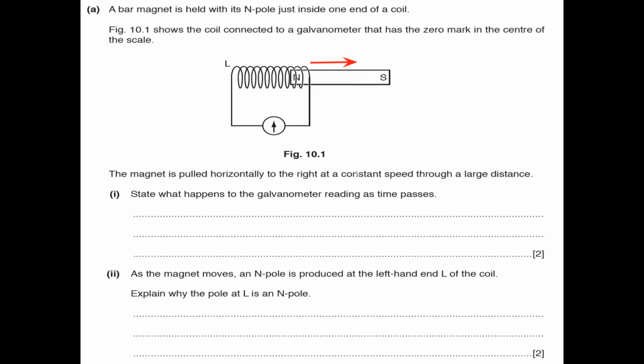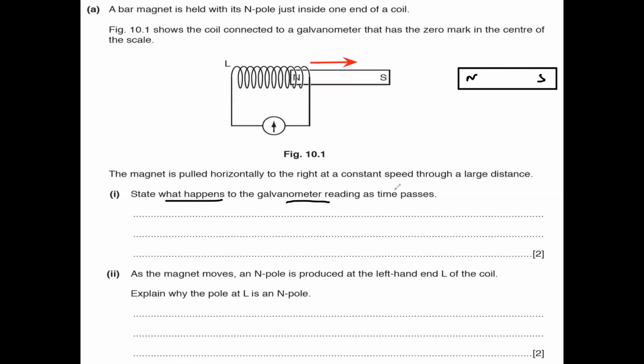As we take out the magnet at a constant speed through a large distance, we move this magnet far away. When it is far away, the magnet is too far, there will be no magnetic field and no change in magnetic field, so it will be 0.